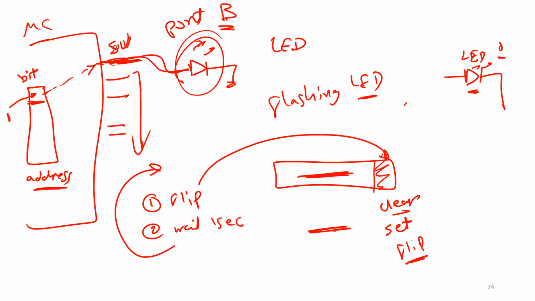And then go back and repeat. This is how I can make it flashing. So I'm going to flip, and then wait 1 second, because I want to make it flash. I'm going to turn it on for 1 second, off for 1 second, on for 1 second, off for 1 second. I can do it this way. So this is an example of why sometimes I need to manipulate some bits. Okay, guys, are there any questions?